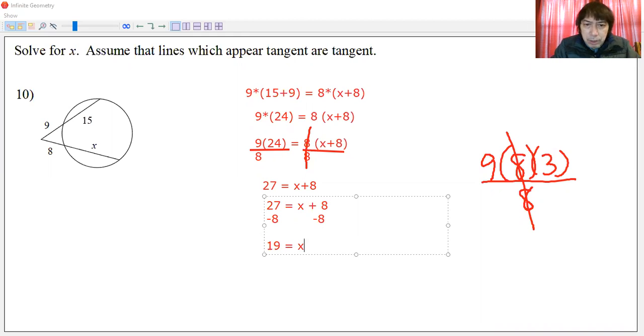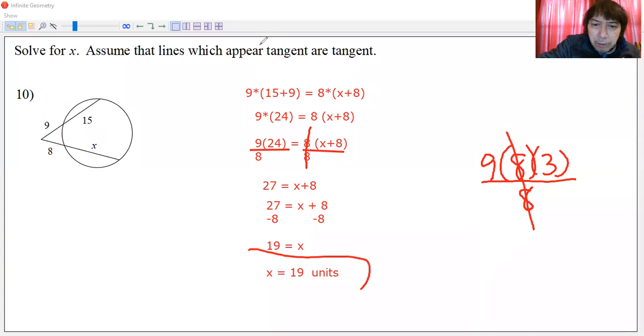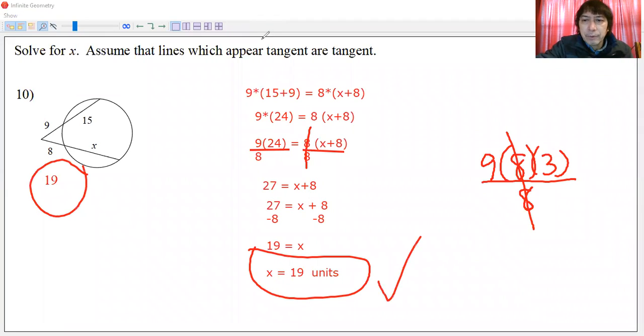The right side is just x, so x equals 19. That's our final answer. Let's check and verify from the computer. Yes, it's 19. So this is correct, and that goes to our number 10.